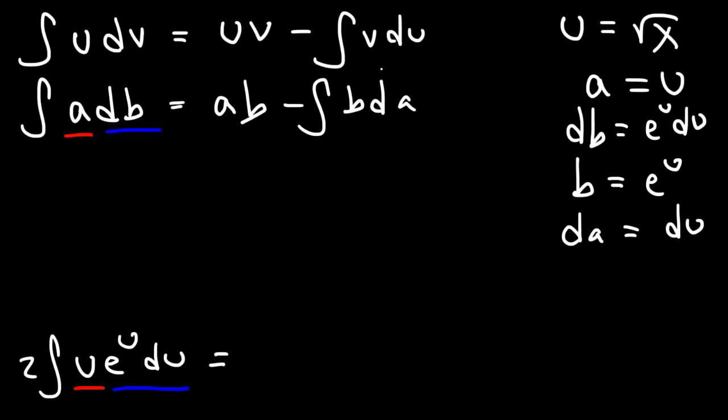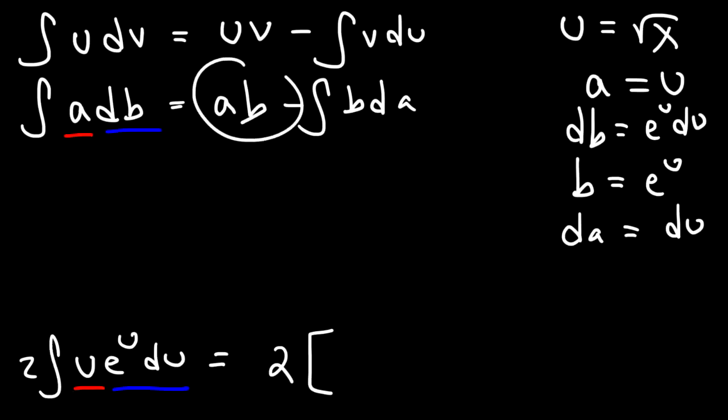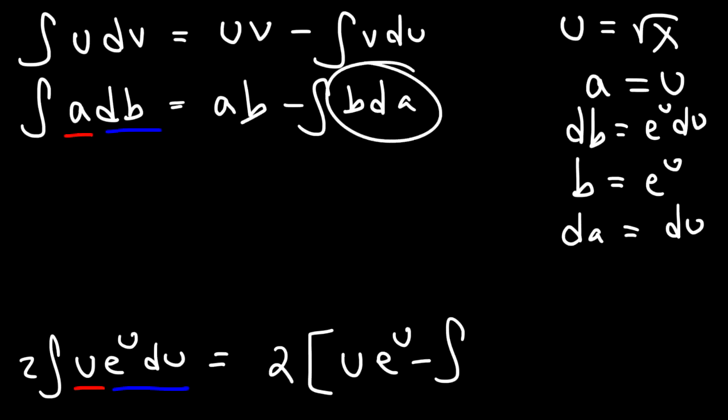So now we're ready to use that formula. And keep in mind there's a 2 in front of the integral. So this part right here, the integral of u e to the u du, that's going to be a times b, where a is u and b is e to the u, minus the integral of b dA.